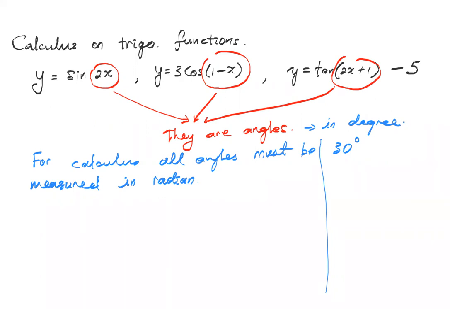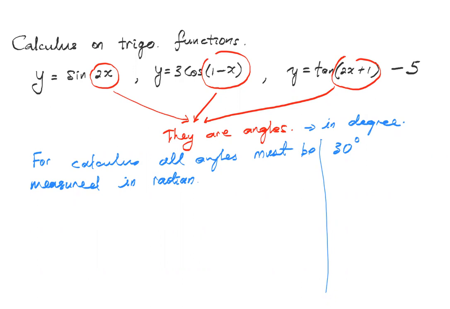Do you know how to convert from degree to radian? Go, press the button mode. Okay, got it? Select radian. Yep, then press enter.